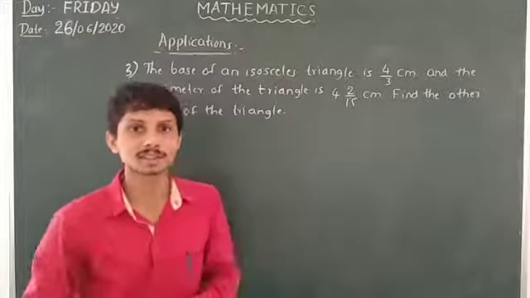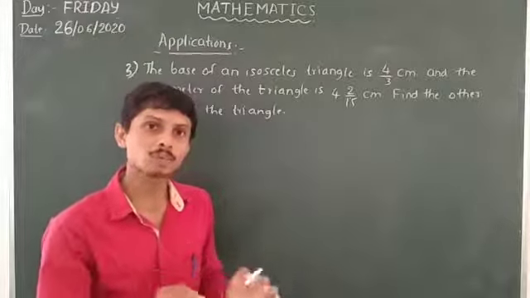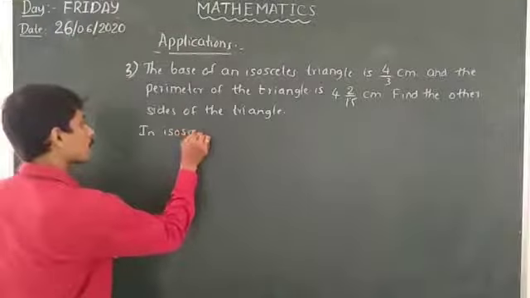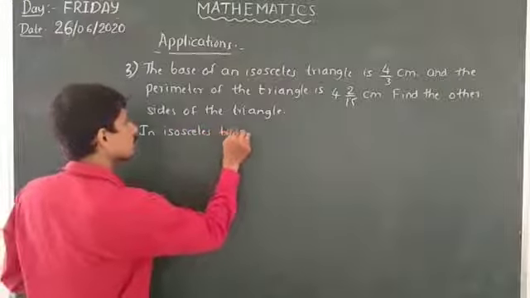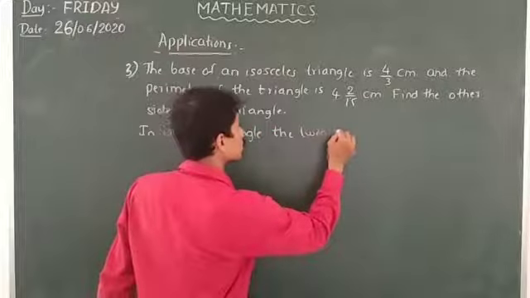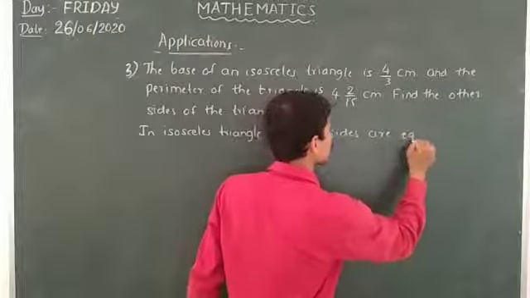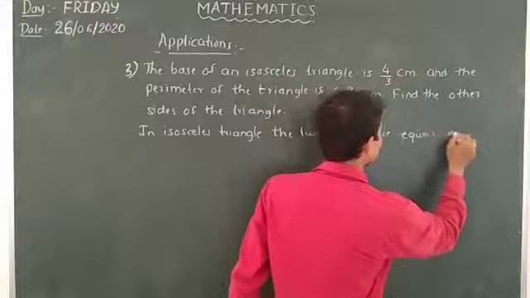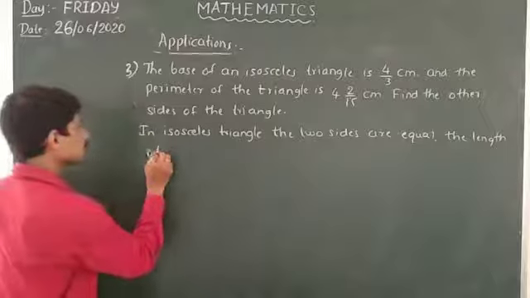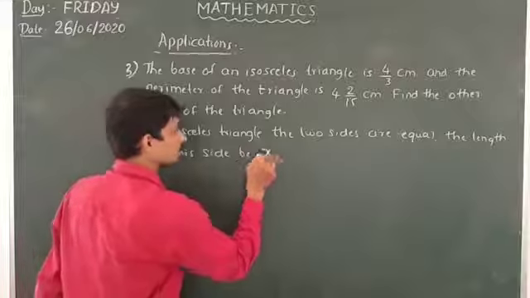So in an isosceles triangle the two sides are equal. Let the length of this side be x.